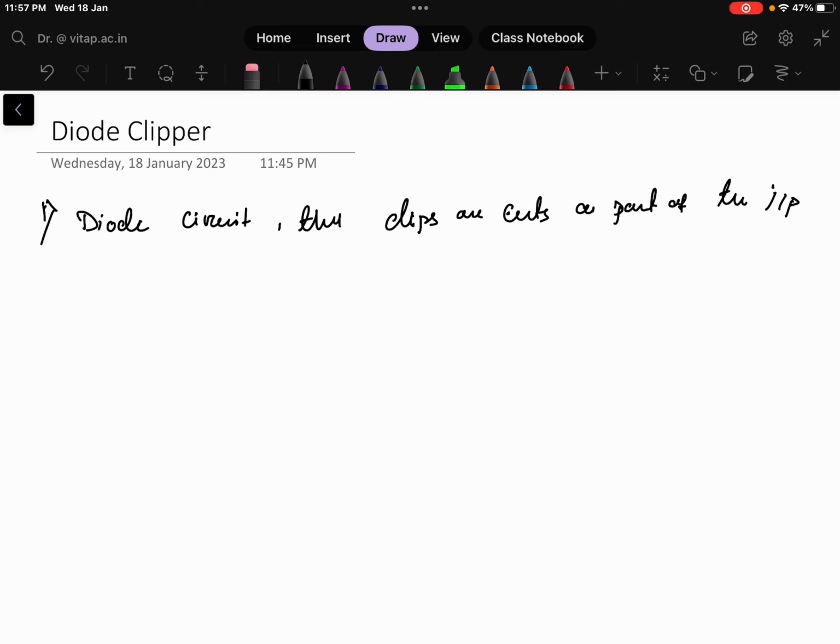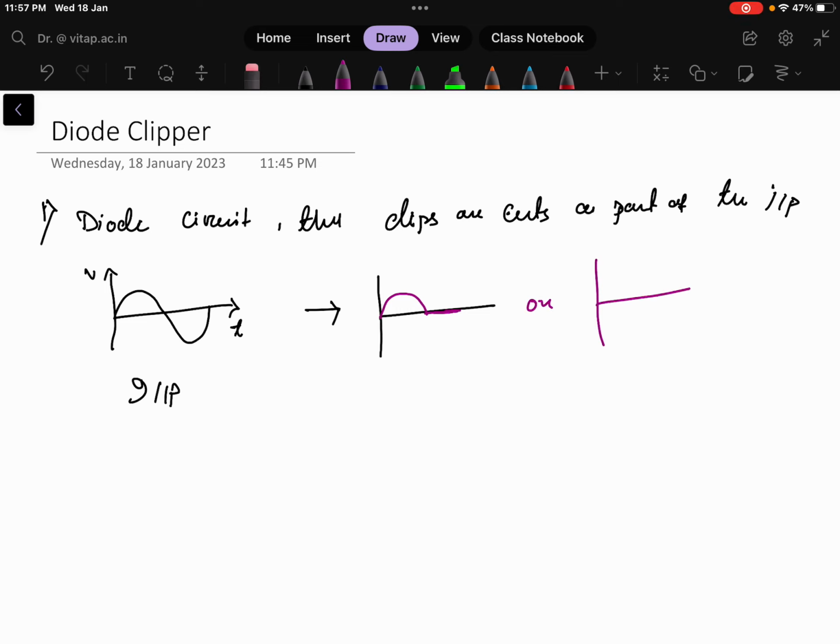So what I am trying to say here is, if this is the input signal, which might be voltage or current, then in the output one part of the input will be cut. That means we will get an output like this, where the second half will be 0, or we will get an output which will look like this.